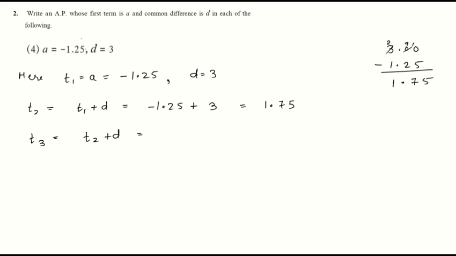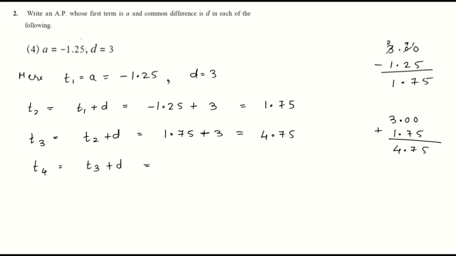In the same way, T3 is equal to T2 plus D. What is T2? 1.75 plus 3 is equal to, again this 3 can be written as 3.00, plus 1.75, we will get 4.75. In the same way, to find T4, we take the previous term plus the common difference. What is the previous term?